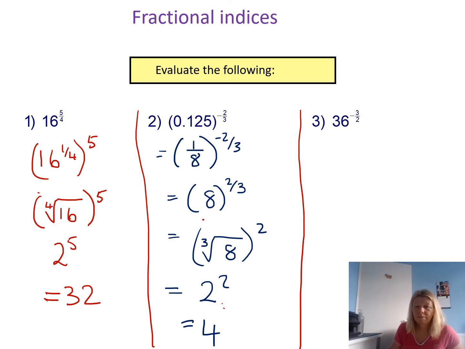And this one, similar idea, but unfortunately we have to put it as 1 over 36 to the power 3 over 2. I'm not going to square that first, it's far too big. We're going to have to do a square root. So the square root of 36 is 6, and you then cube it.